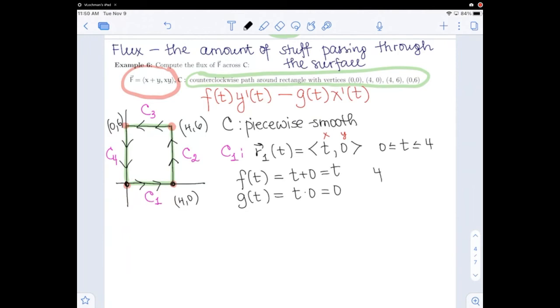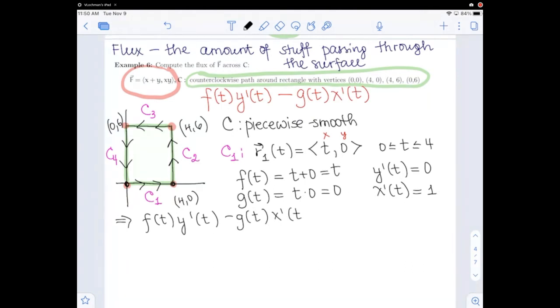What about y prime of t? Y prime of t is 0 prime. That's 0. X prime of t, that's t prime. That's 1. Okay. Then from here, f of t times y prime of t minus g of t times x prime of t.